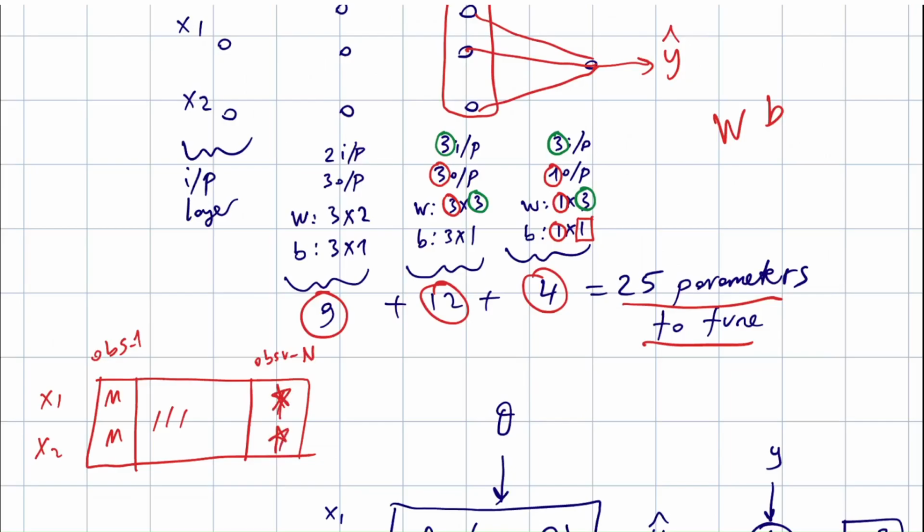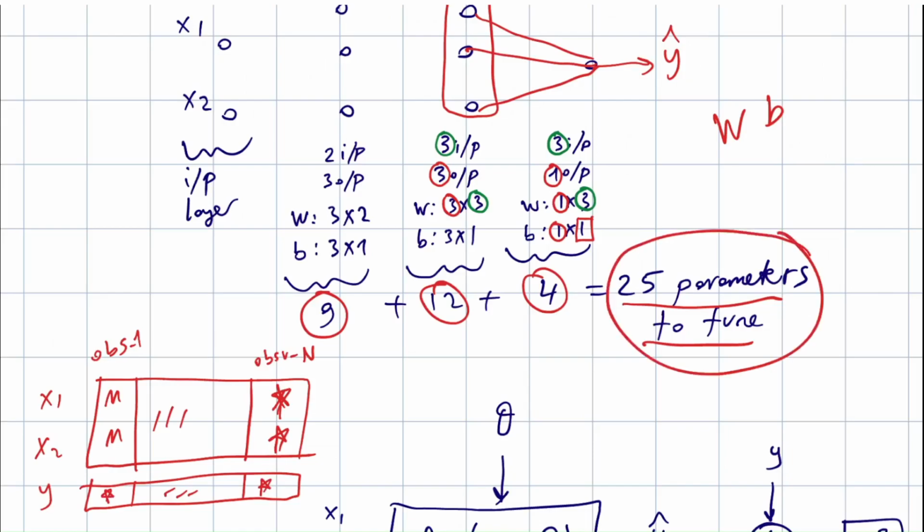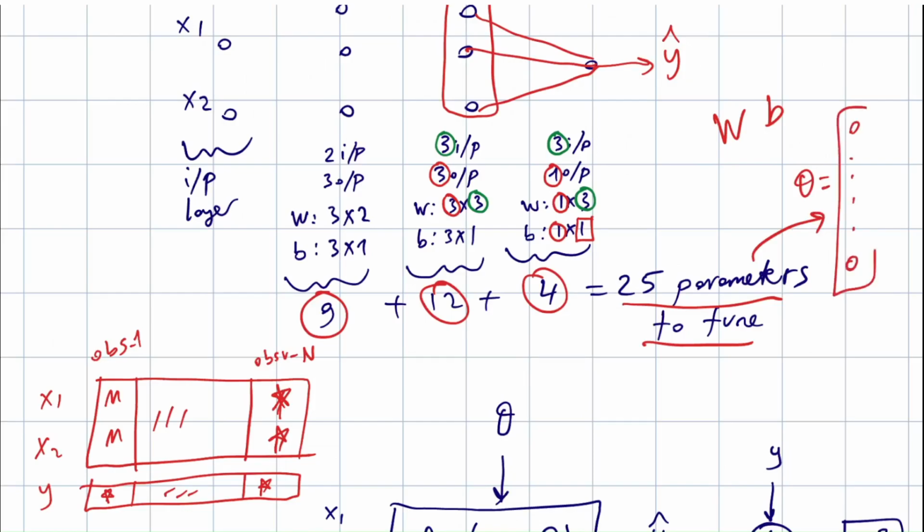We also have 1 output corresponding to each. For given n observations, try to tune those theta. We will later call them theta. We will have a theta vector with 25 rows and 1 column, a 25 dimensional vector. Tune those 25 parameters. This is the problem.